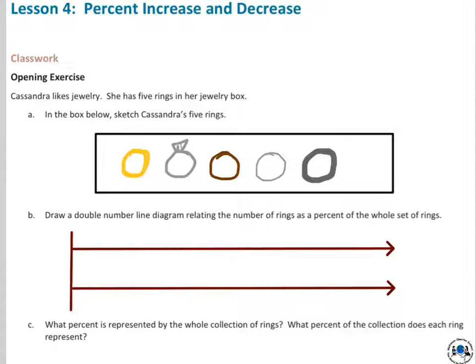So that's why we put that little wall there to the left. The top line is the percent, and the bottom is the number of rings, and we can see that at 5 rings, that is 100%.